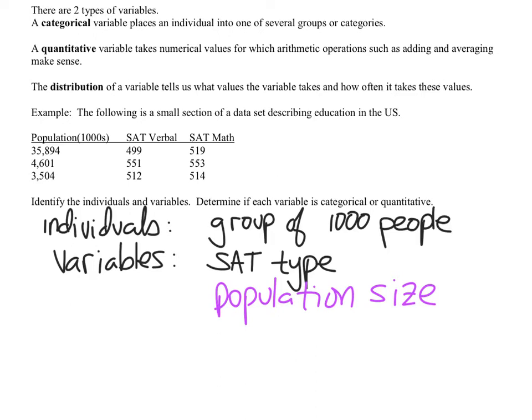It does seem that whoever was conducting this study was trying to make a case, just by reading the data, that if you have a smaller population, you're going to have more consistent scores between math and verbal. Because you have the 4,600, 4.6 million, whatever, and then the 3,500. Those are more consistent with one another, whereas the 35,000 was a little bit more spread apart.